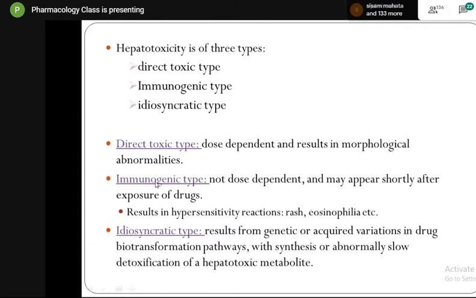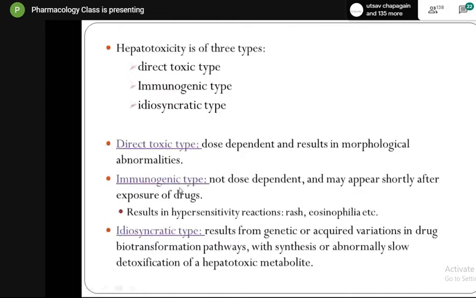In this type, there is a development of a series of antigen-antibody reactions, mainly because the drugs act as an antigen, since they are foreign particles and are identified by the body as an antigen. When they form certain adducts with the liver proteins, they trigger a full-fledged antibody production, and because of that, this is called the immunogenic type.